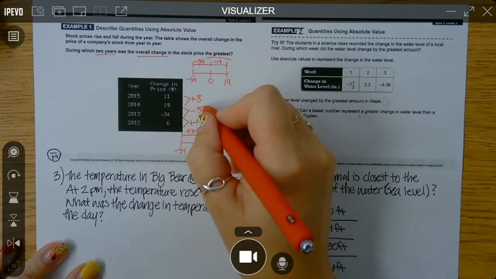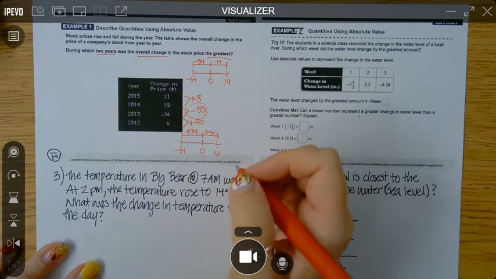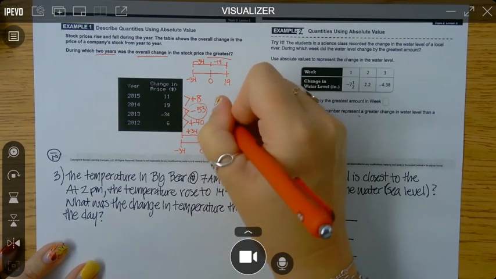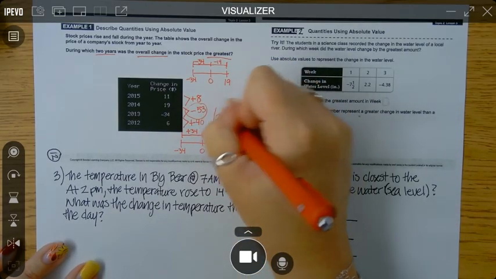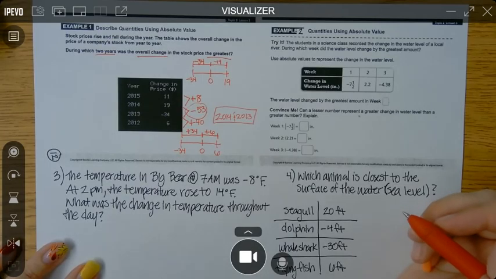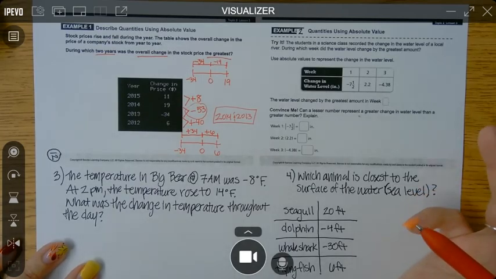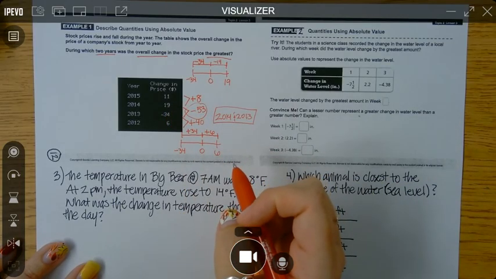So this one actually represents the biggest change, which is between those 2 years of 2014 and 2013. That was when the biggest change happened. That was a tricky problem, huh? Okay, but it all depends upon what they're asking. If they had said, which one's the biggest, okay, like, yes, this is the biggest number, 19.